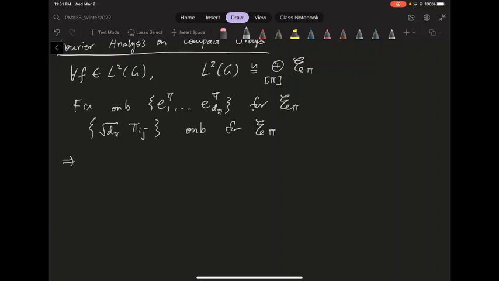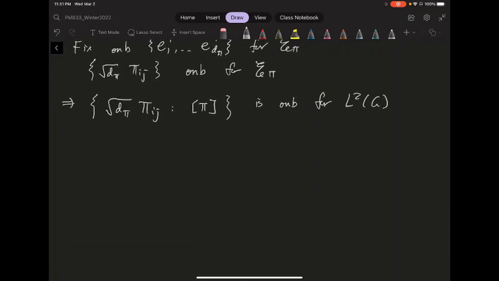So basically, taking all of these square root of d pi, pi ij, where pi is some irreducible representation up to equivalence class, that's going to be an orthonormal basis for the L2 space.